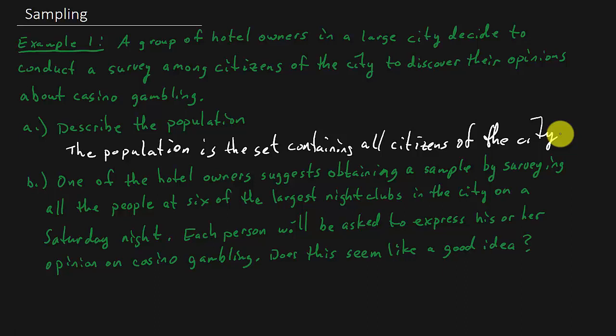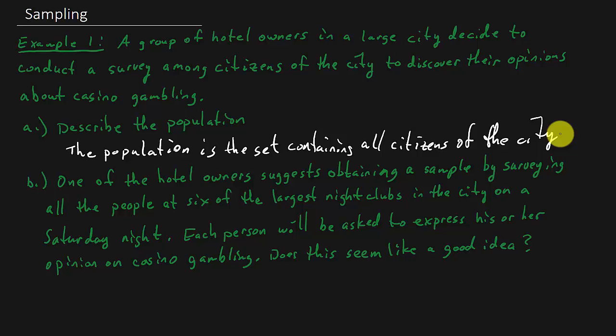You've got an entire city, and of course you're probably not going to be able to ask every single person in the city. So they said, well, we'll pick just a sample from that. We'll pick some people and ask them. They're going to go to 6 nightclubs and ask those people what they think about casino gambling. So is that a good idea? That's what we're looking for.